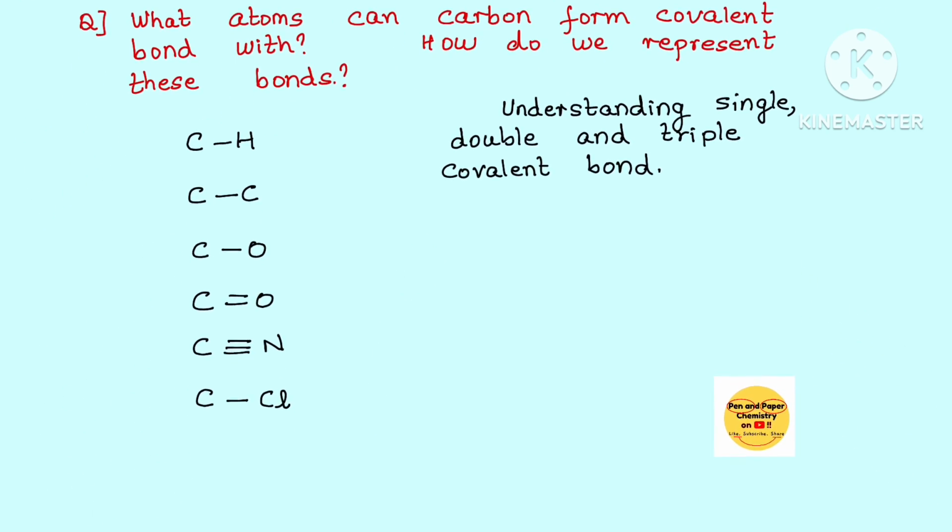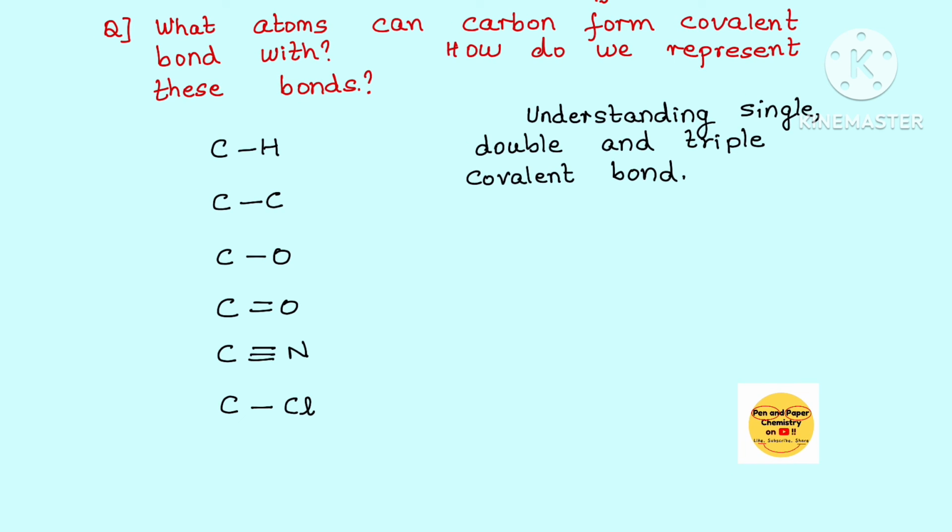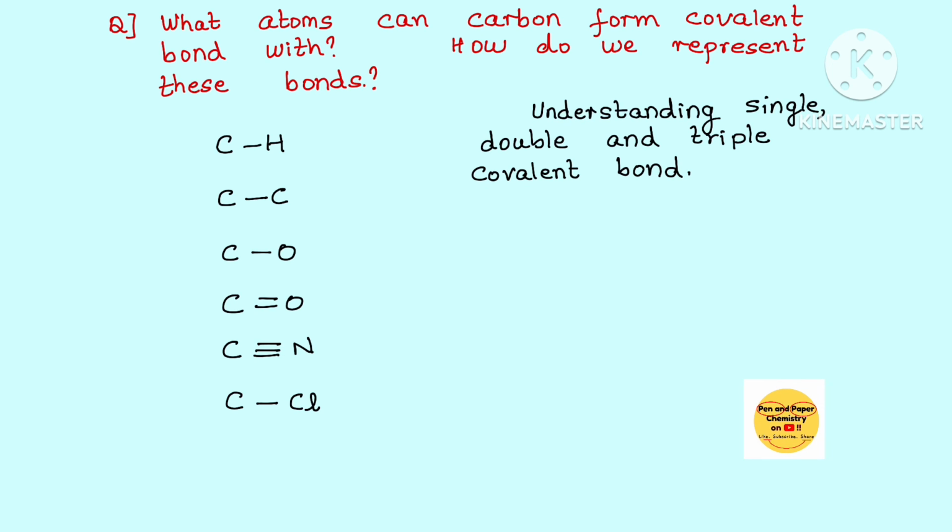Our next question: what atoms can form covalent bonds with carbon? As we have seen, there can be many different types of atoms. Hydrogen, another carbon, oxygen. Yes, see the single bond O. Is that possible? Yes, we will see how that is possible.